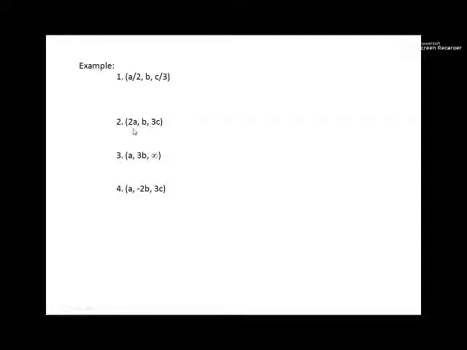In the second case, it is twice a, b and 3c. You again take the reciprocal of this 3, then make it integer, just reciprocal of this coefficient. Now for this case, as this is infinity, 1 upon infinity becomes 0. And for this case, again for a negative sign, it will be different. I am just going to calculate these things in the next section.